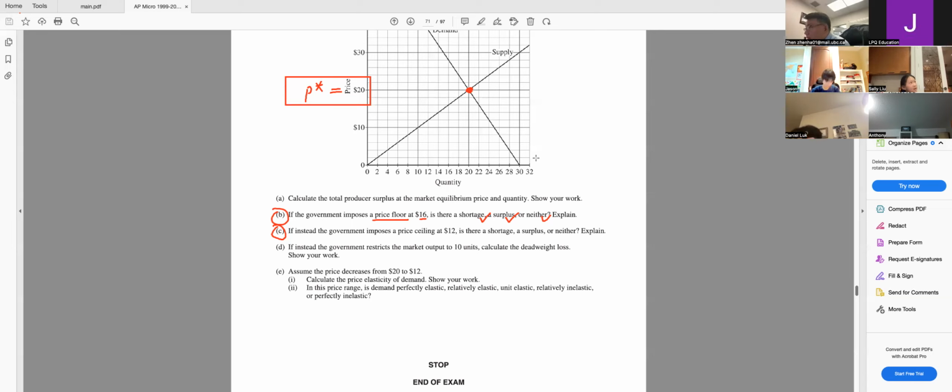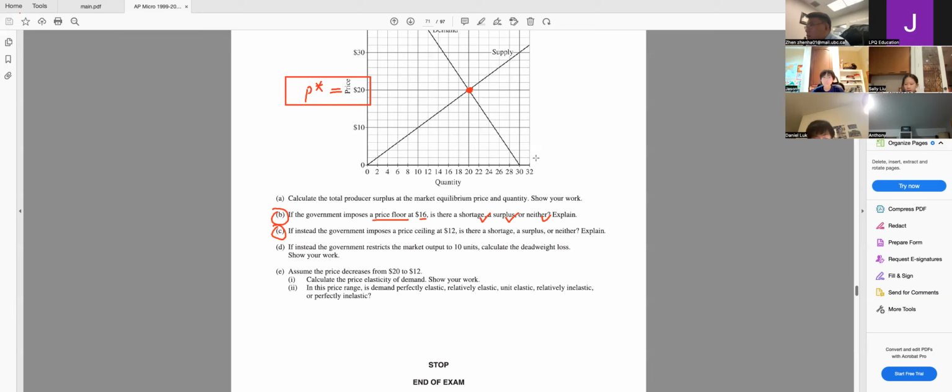Why do you want to set something called a price ceiling? You want to increase the price or lower the price? Lower. Lower the price. That's right.